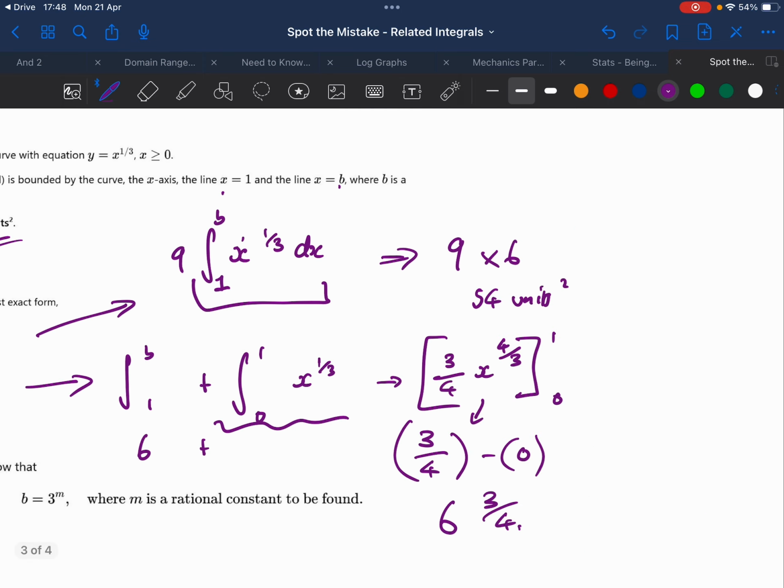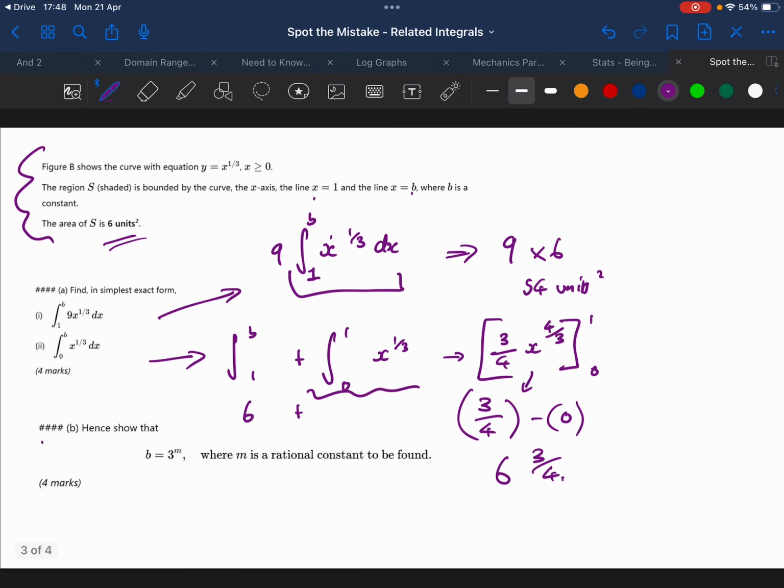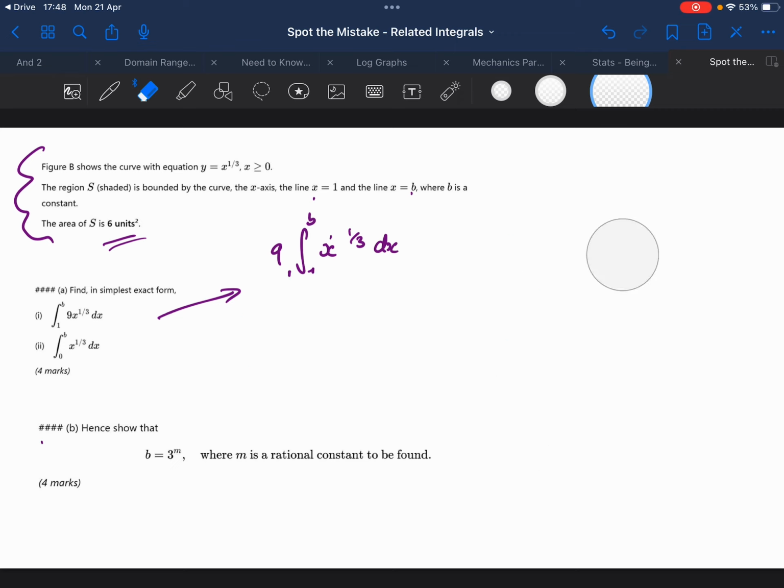Okay, let's try this other question here now at the bottom to try something a little bit different. So it says, show that b is 3 to the power of something. So let's rub this bit off here and let's have a go.